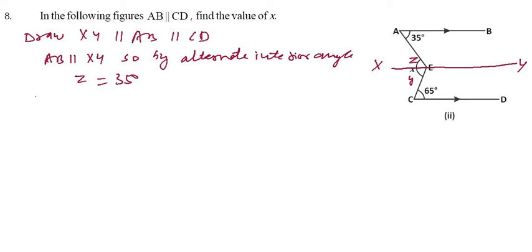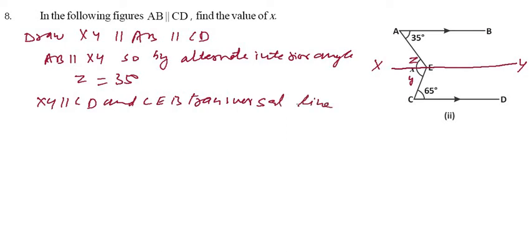Now xy is parallel to CD and CE is transversal line. So by alternate interior angle, their angle is equal, so y will be equal to 65 degree.